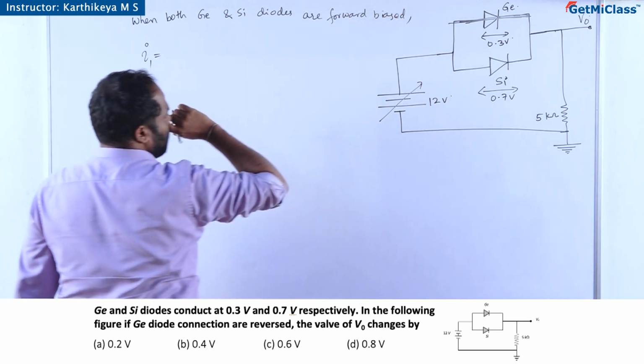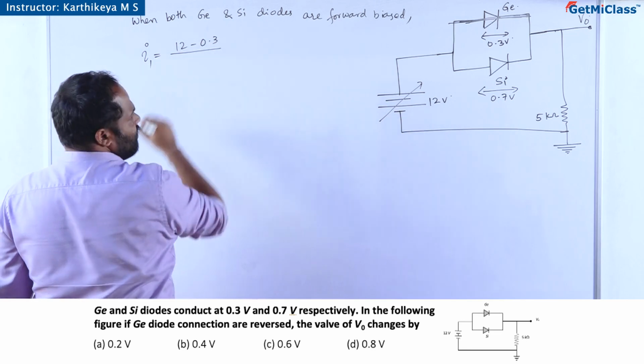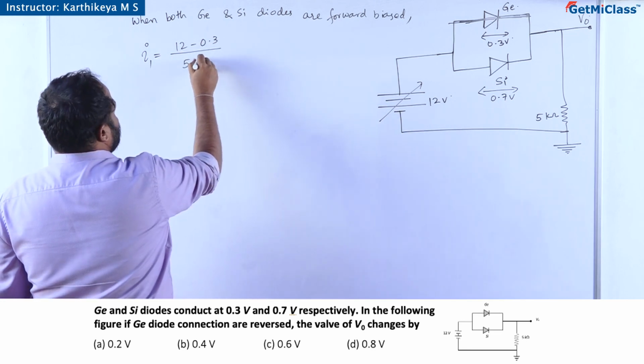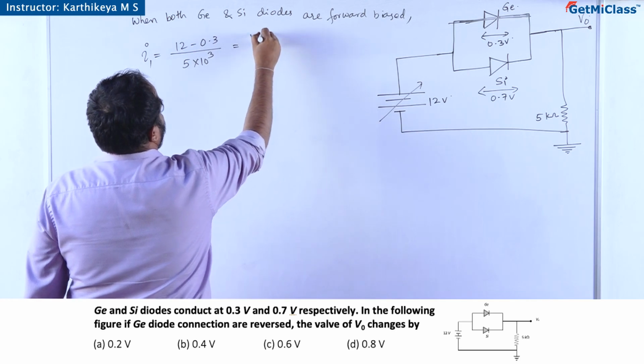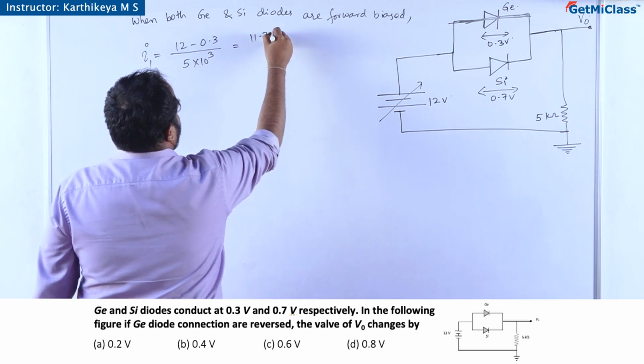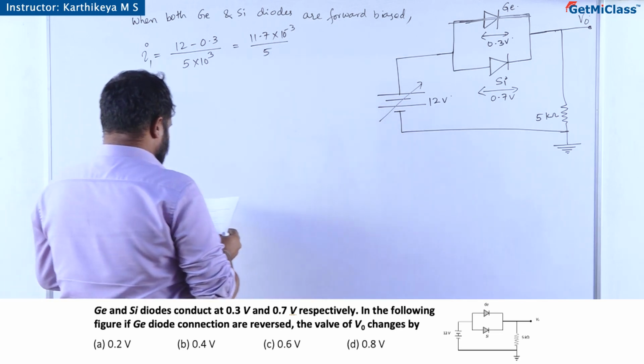What happens? I1 is 12 minus 0.3 divided by 5 kilo ohm. So, that is 11.7 into 10 to the power minus 3 divided by 5.